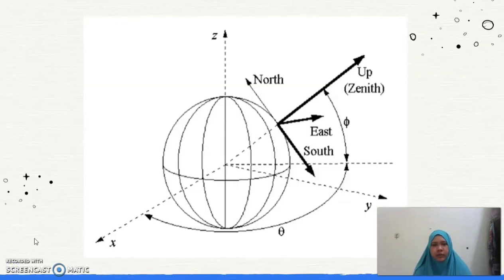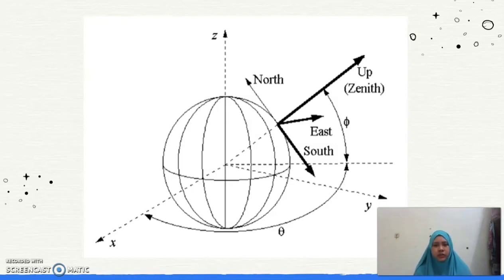In the diagram, we can see the position of the topocentric coordinate system is related to the geocentric coordinate system, because the geocentric coordinate system treats the Earth as a point, meaning that all the planets, the Sun and the Moon rotate around the Earth.